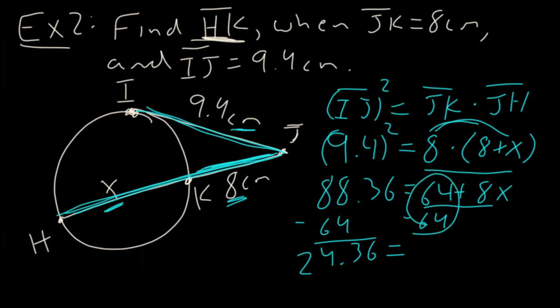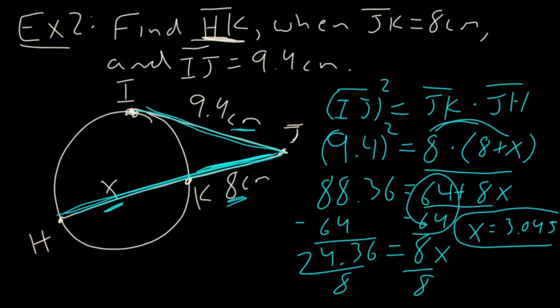That's our 0 pair, and equals 8x. Now we're one step away from getting x by itself. We know that whenever we have a number in front of the x, we have to divide. And so we'll divide both sides by 8. And it turns out 24.36 divided by 8 is 3.045. So I can write x equals 3.045.